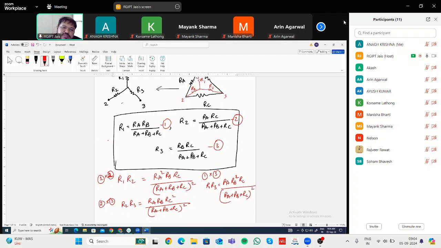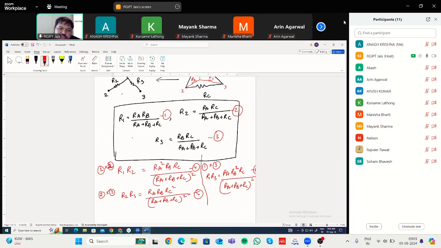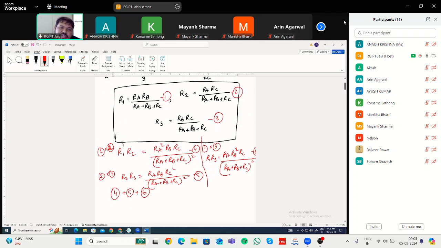Now let us consider these as equation 4, equation 5, equation 6. Now adding equation 4 plus 5 plus equation 6, on the left hand side you will get R1 R2 plus R2 R3 plus R1 R3.